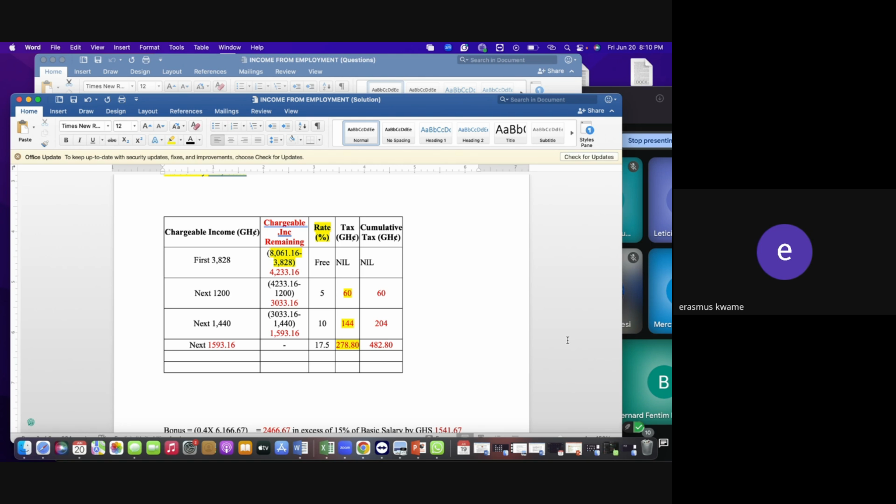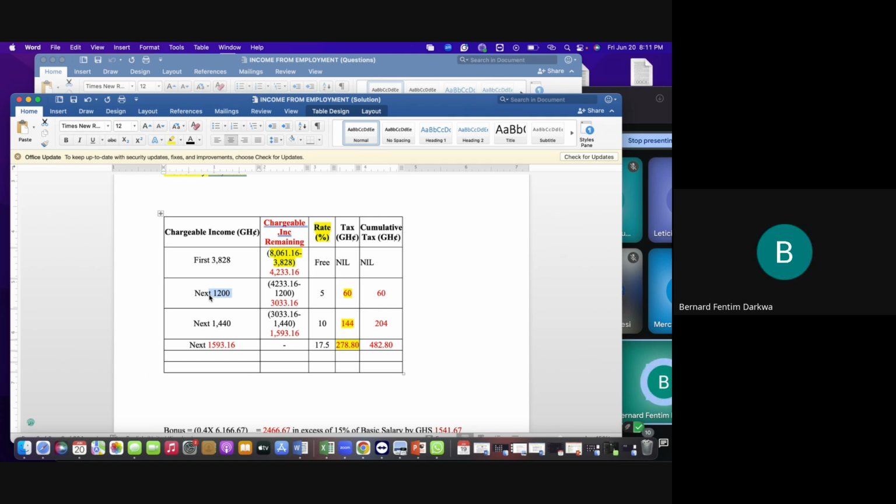I want to find out the rationale. Let's assume why the rate was charged on the 5%. This 5%, not calculated on the balance after the chargeable income, but rather it was calculated on the chargeable income itself.